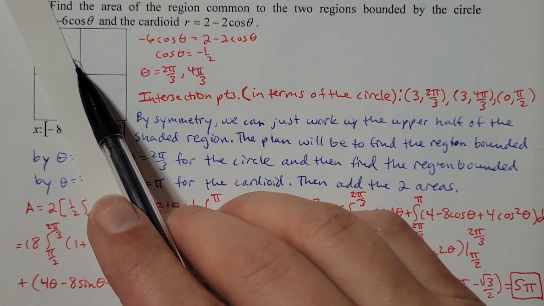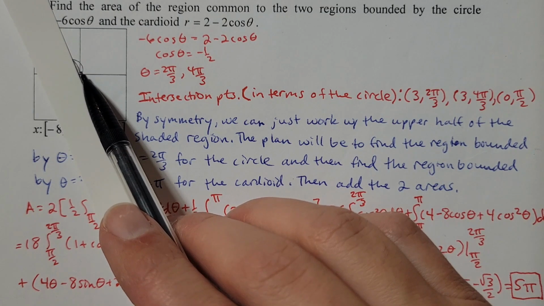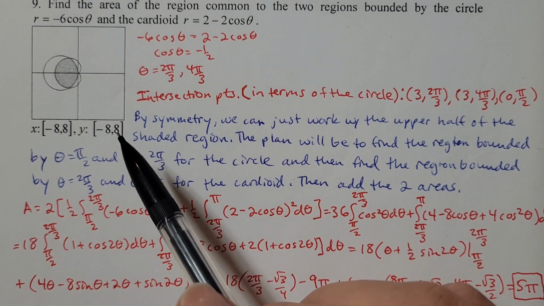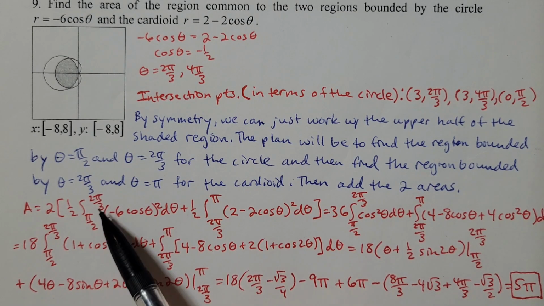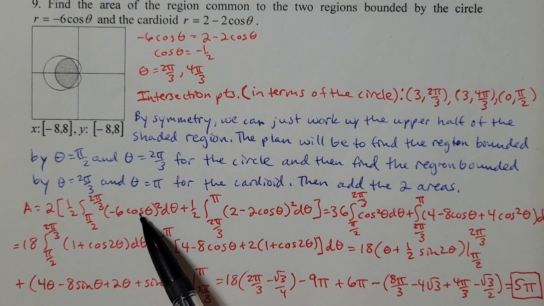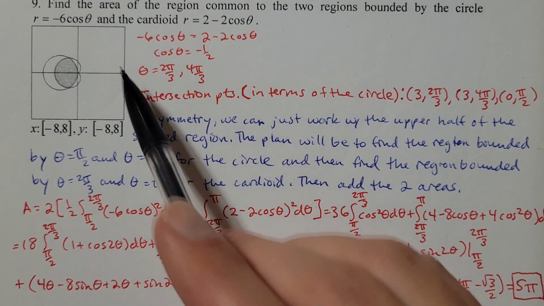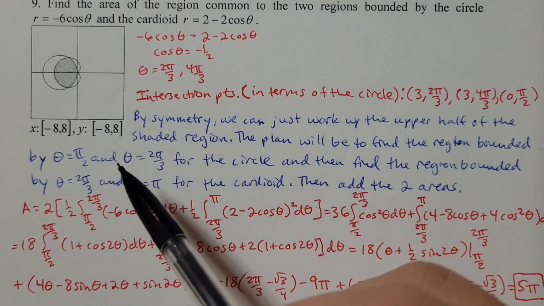Okay, and I find that little sliver of area there. Now, if I'm only working with that little sliver of area, I'm working with the circle. So I'm going from pi over 2 to 2 pi over 3, and integrate the r squared, right? So talking about the circle there, -6 cosine theta, and then plus 1/2 times.